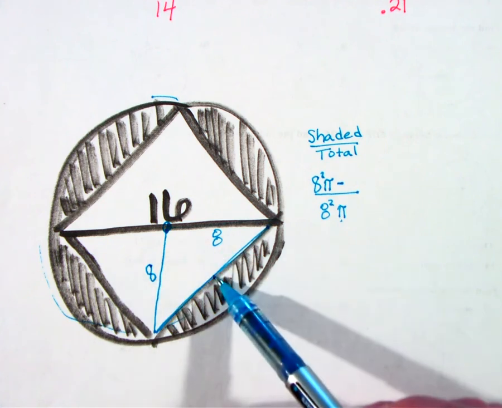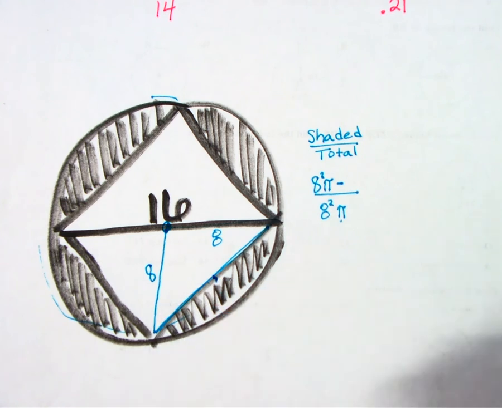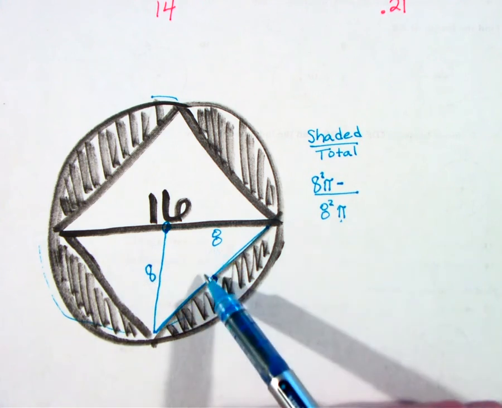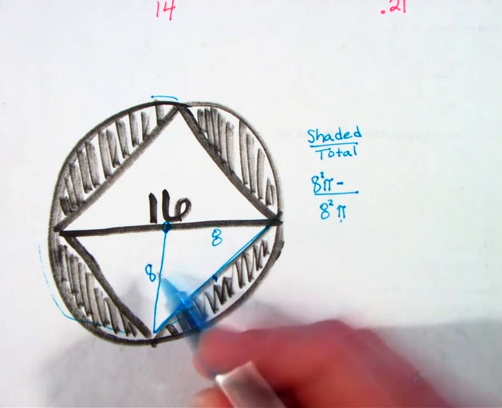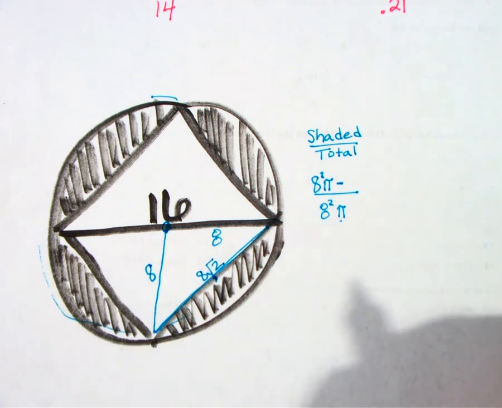It's x, and x radical 2. But even if you didn't remember that, you could do Pythagorean theorem right here. So it'd be 8 squared plus 8 squared equals c squared. But in a square, it's 8, 8, and 8 radical 2 on the side.